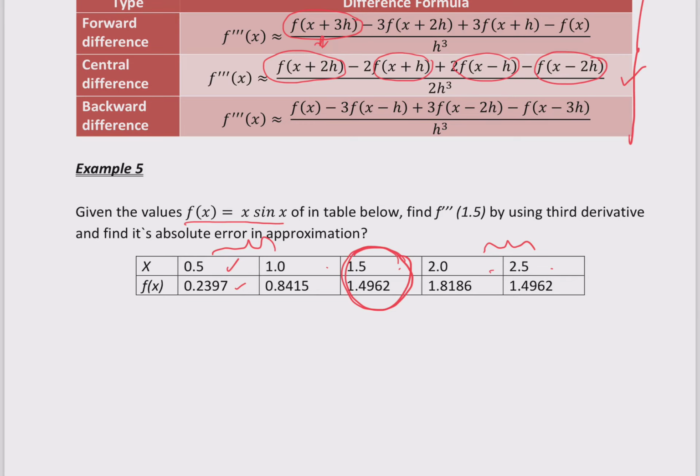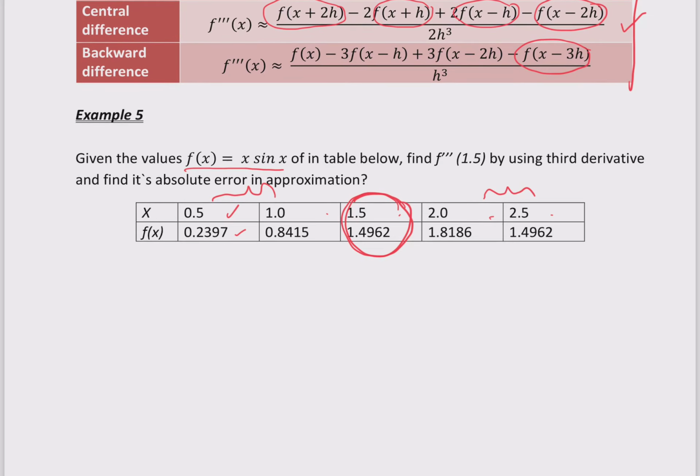It is the same case for the backward difference and the forward difference, because here we don't have the value of that function if you look backward 3 points. So the only formula that we can use is the central difference.